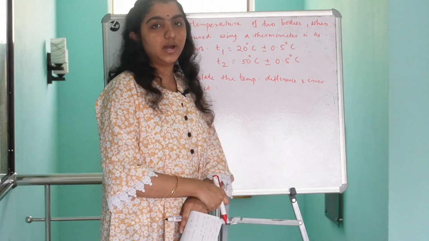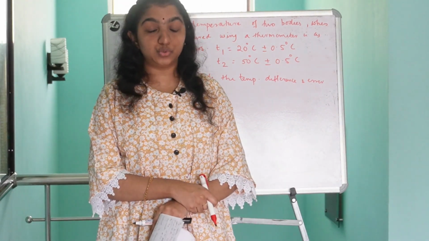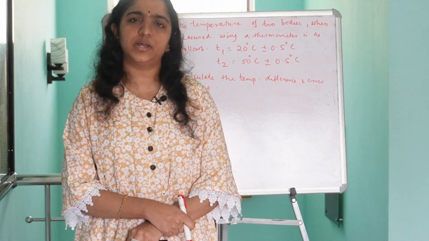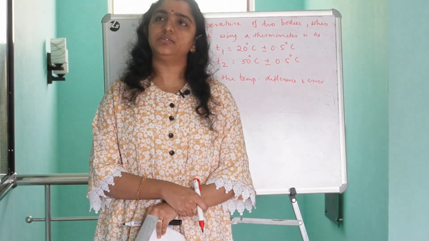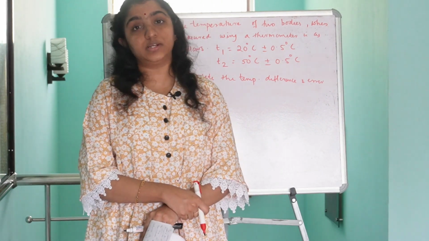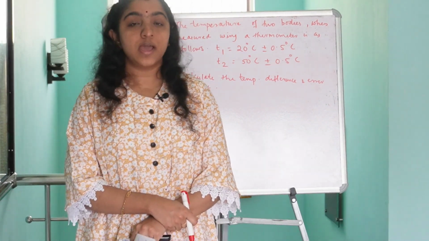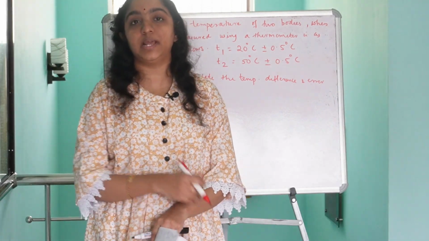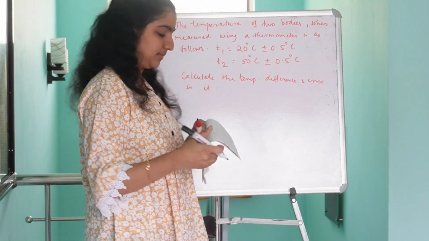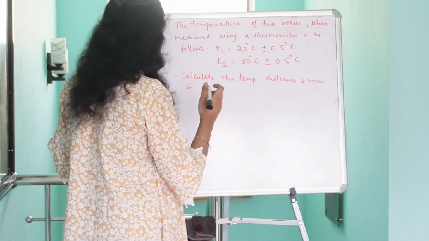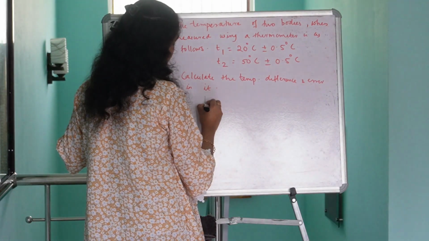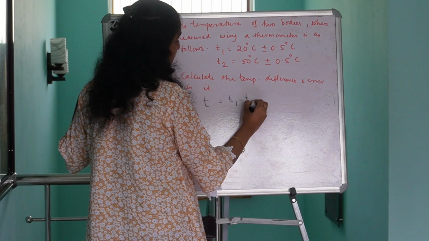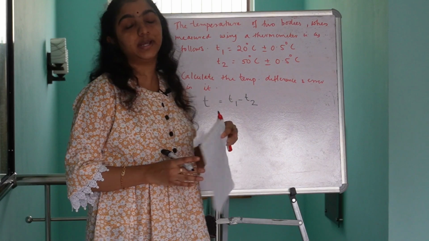Here you are given two temperature values, and you are asked to find the difference between those temperature values, and the maximum possible error in the resultant. So let the resultant be T, and as per the question, T is equal to T1 minus T2, isn't it?